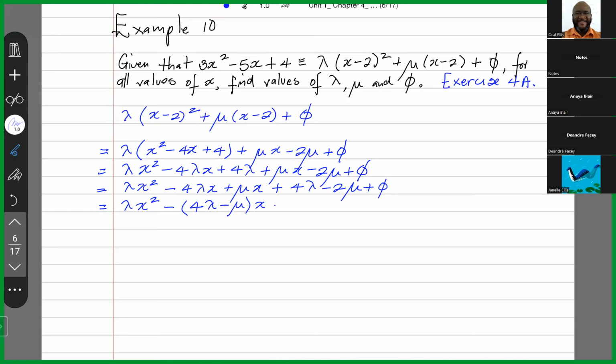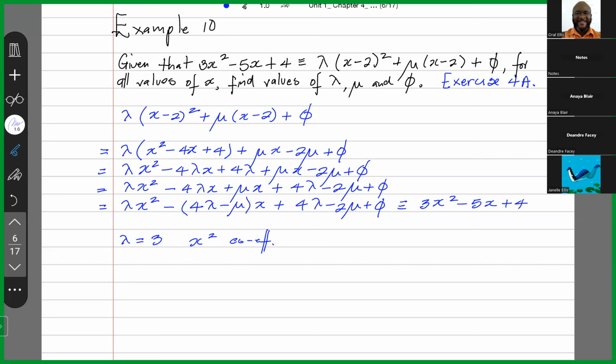And to the right, we have 4 lambda minus 2 mu plus phi, of course, which is your constant terms. So this, we're told, is equal to 3x squared minus 5x plus 4. So obviously, lambda is equal to 3. This is the x squared coefficient.